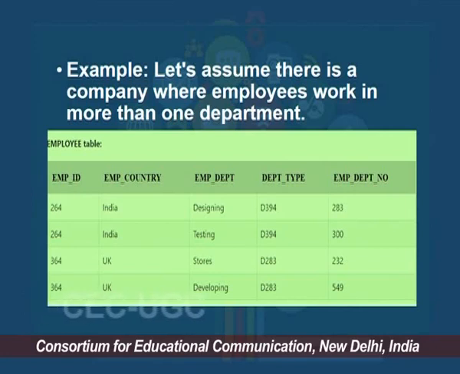We have an employee table with 5 attributes: employee ID, employee country, employee department, department type, and employee department number.